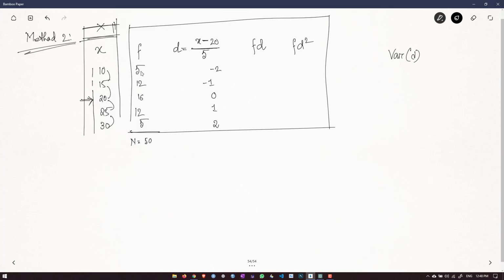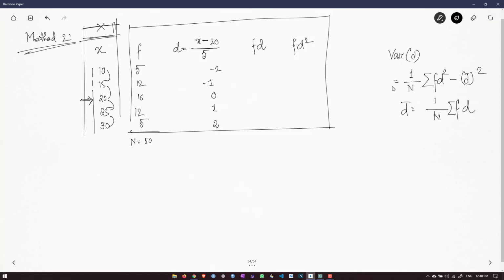That means minus 2 is repeated 5 times, minus 1 repeated 12 times and so on. So what will be the formula for variance of d? It will be 1 by n summation f d square minus d bar whole square, where d bar is 1 by capital N summation f d.